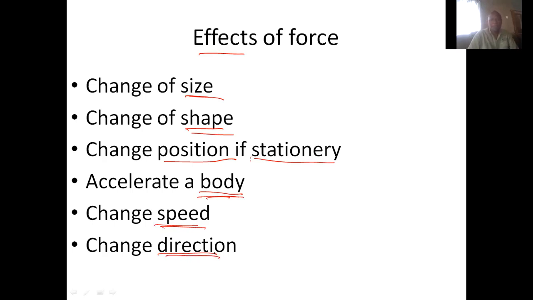So these are the effects of a force. When a force is exerted, it produces a change in size, change in shape, change in configuration. An object which is stationary might move. It can accelerate, or it can change the speed as well as direction.